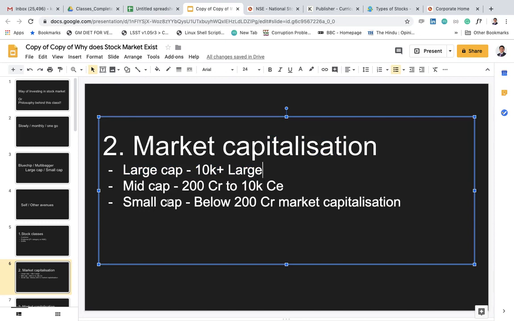But let's say you have a company of 5 lakh crore. Is it possible that a 5 lakh crore company can become a 50 lakh crore company in 5 years? The answer is, there's a very rare chance that a 5 lakh crore company will multiply by 10 times in 5 years, because it has already become very, very large.